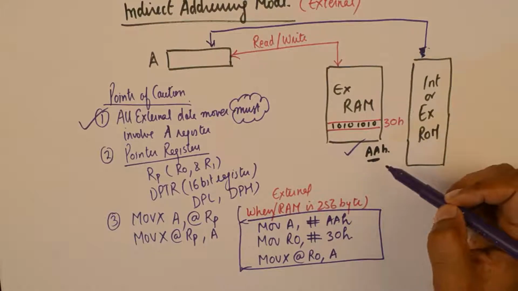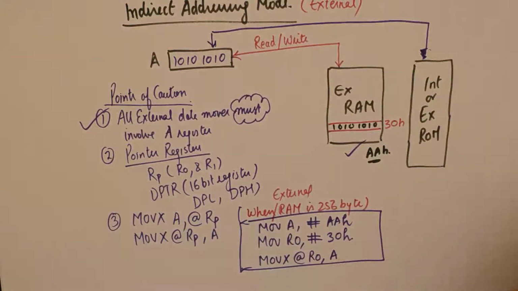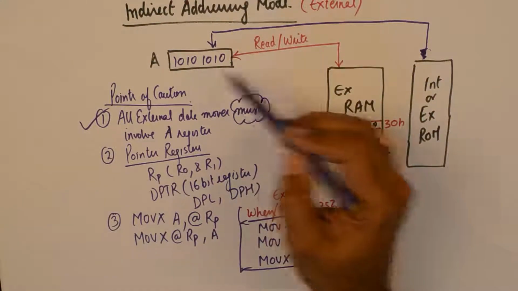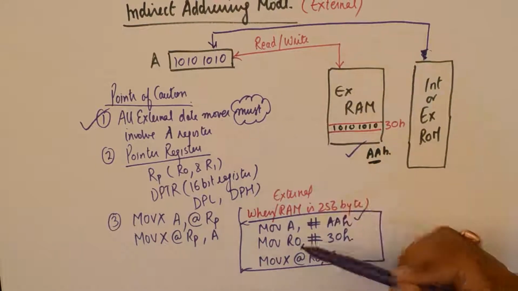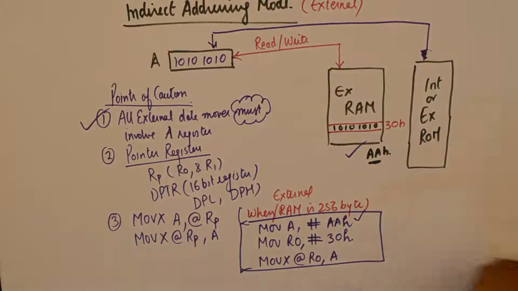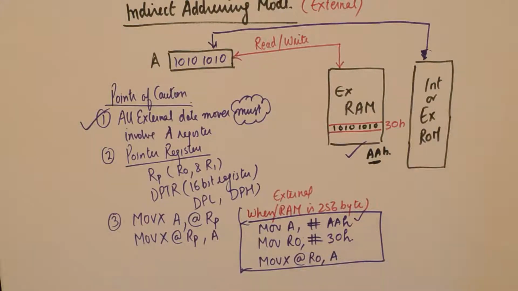I've written down 10101010 in A in the first step, and then I've moved the address 30H into R0 register. Of course it will be moved as a number, and then R0 is acting like a pointer here by placing an @ sign next to it, and using an X would ensure that this goes into the external RAM and not into the internal RAM.